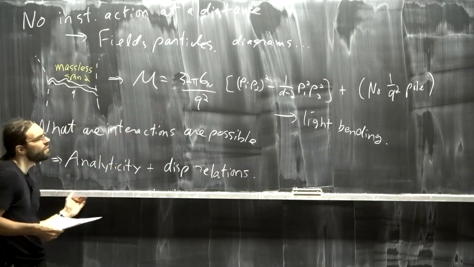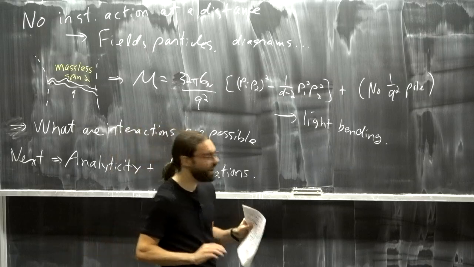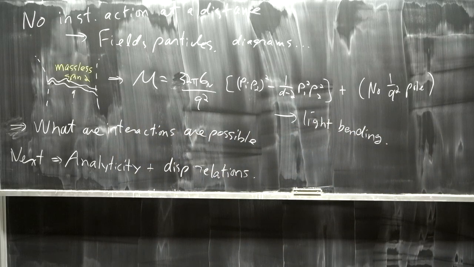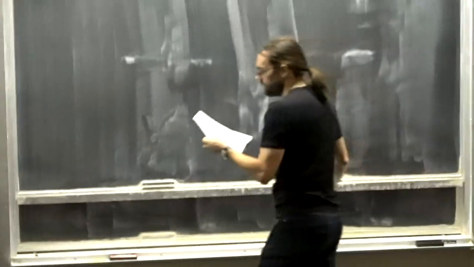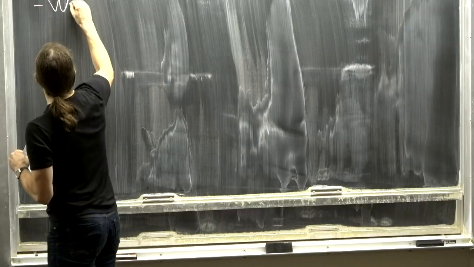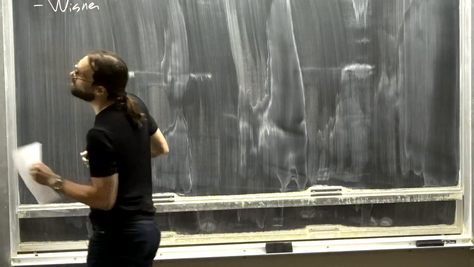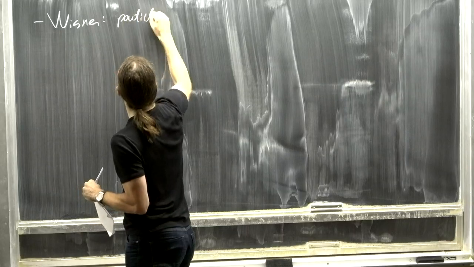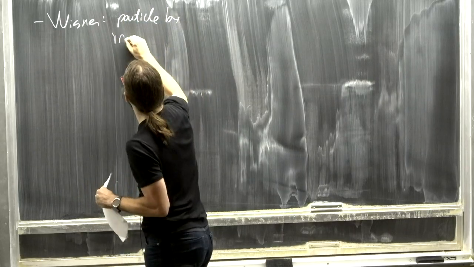Okay. I'd like to make a few more comments about this calculation. First is a very general one. Just to recap the key point: we basically used this linear classification, in which particles are labeled by irreps of the little group.